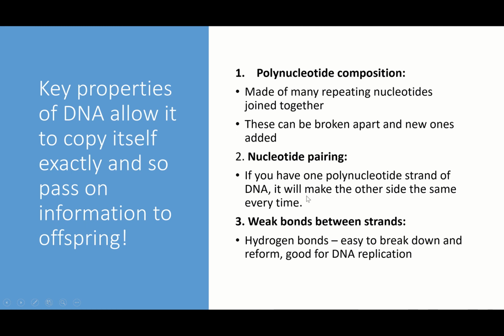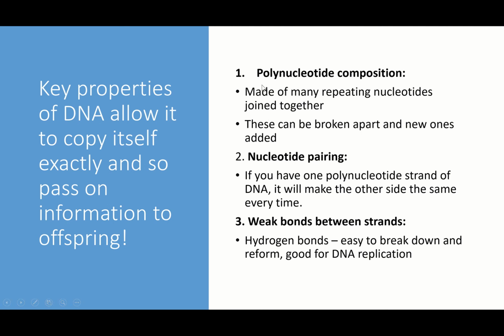T, A, G, C. Yeah, it will be the opposite pairing partner of the original strand. So that's pretty straightforward because we know that from year 9, whatever. And the third property is weak bonds between strands.